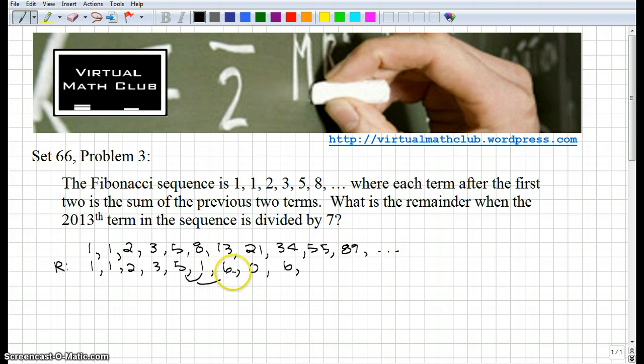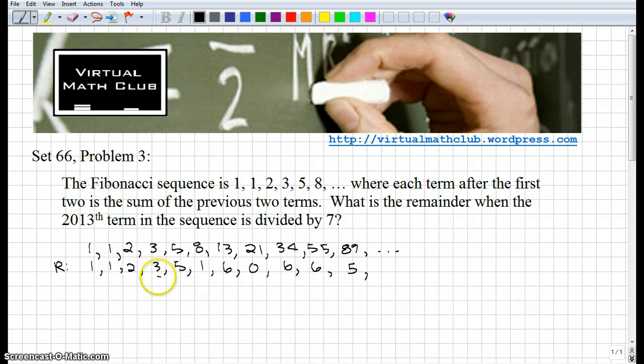And then 1 plus 6 is 7, but when we divide by 7, the 7 becomes a 0. So we can put a 0. And then 6 plus 0 is 6. 0 plus 6, we get a remainder again of 6. Here we'll have 12, which is 1, 7, and a 5, so we have a remainder of 5.